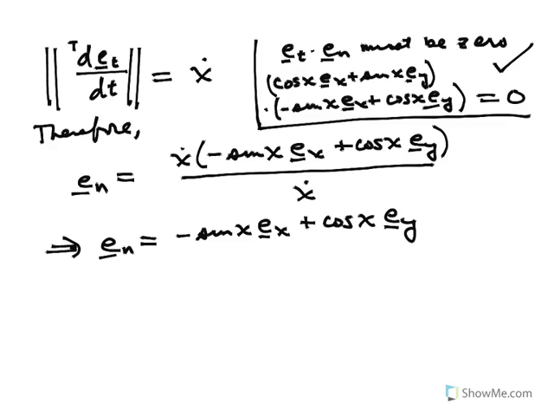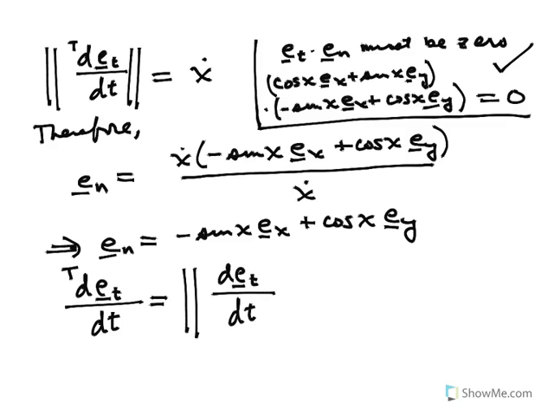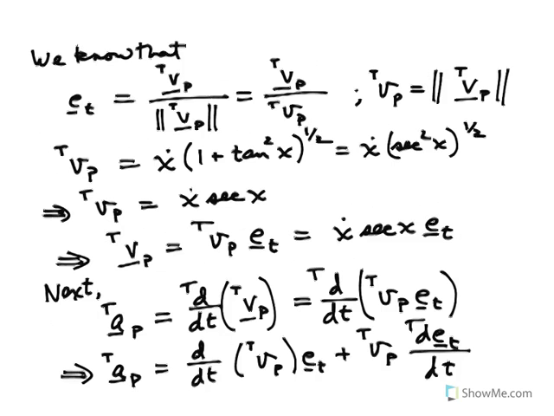Now that we've verified this, we can write the rate of change of the tangent vector as viewed by an observer fixed to the track as equal to the magnitude of its rate of change times the principal unit normal. We just said that the magnitude is x dot, so we've got x dot times En. Now we can substitute that result into the expression for the acceleration.